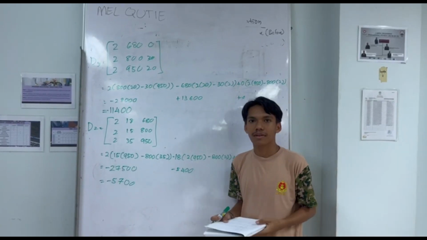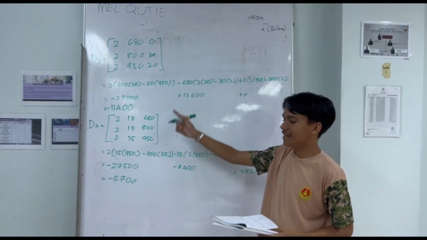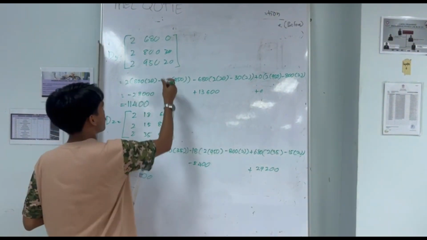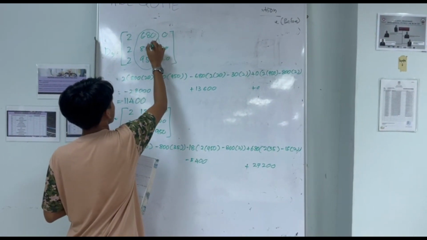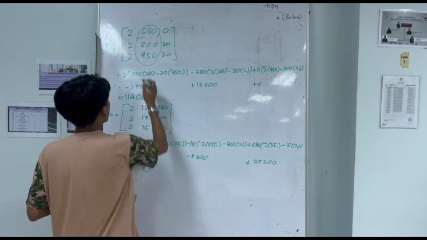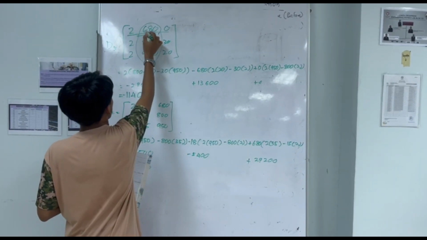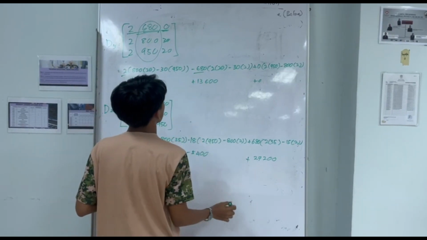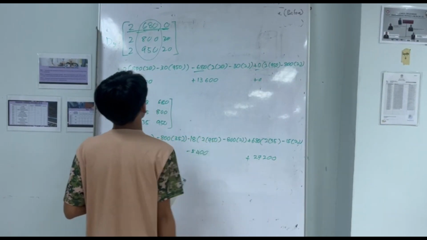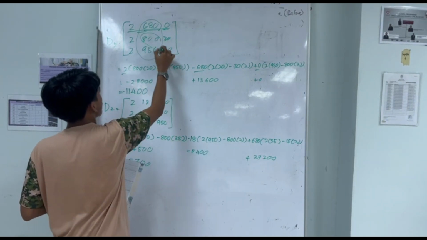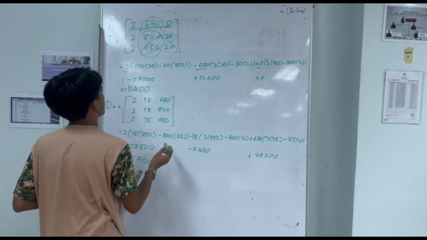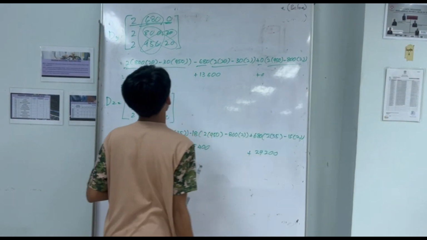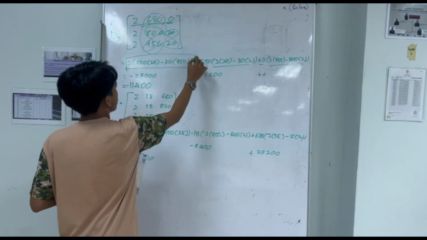Now we continue with determinant y and z. Same as the determinant x, we need to put the final answer here at the middle part, and then we put the top values 680 and 0. Then we follow the rule, put here and put here, and then we finish this first part.